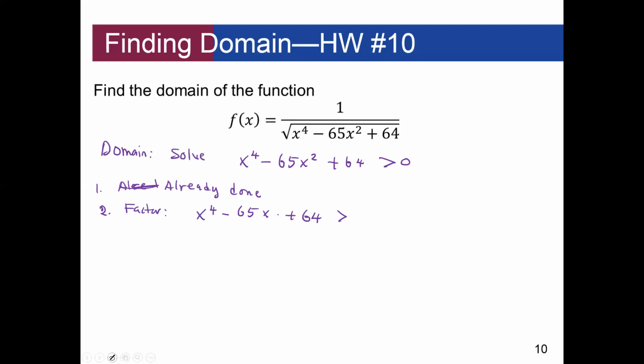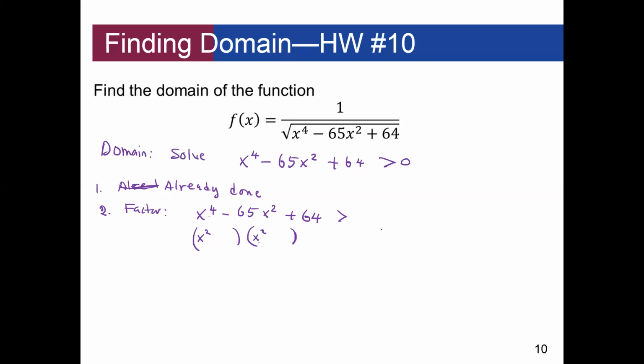Well, this is quadratic in x squared, and the coefficient of the leading term is 1. So we can do it as if it's in terms of x squared. We put x squared here and x squared here, so that x squared times x squared is x to the 4th.